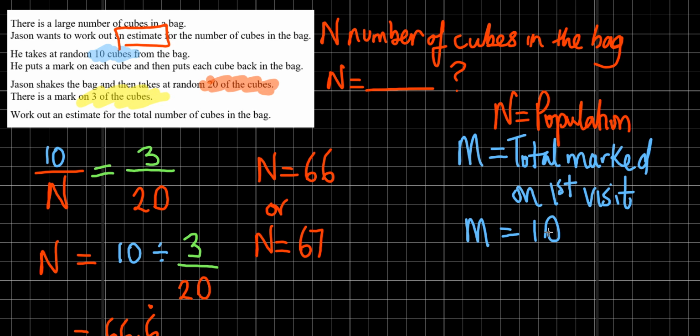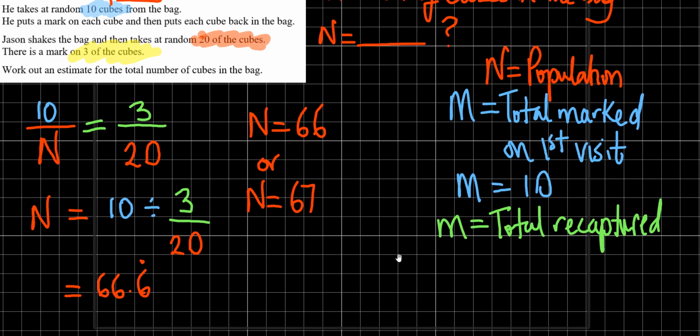And then we have n, a small letter n, the total recaptured. And finally, we have m, the number recaptured on the second visit.